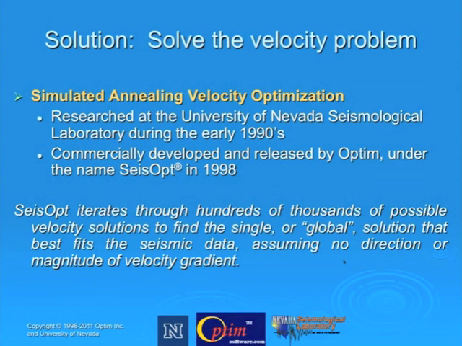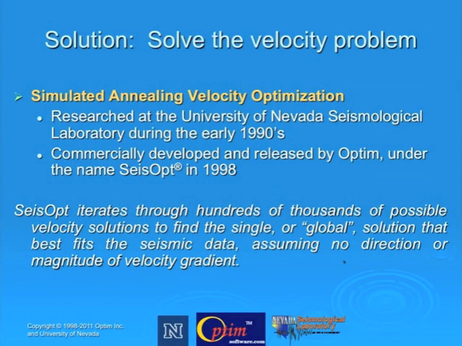So this simulated annealing velocity optimization, commercially known as SeisOpt 2D, was the result of research in the Seismolab here in the early 90s, particularly Satish's thesis. And then in 1998, after some development work, Optim was able to release it commercially under the name SeisOpt, which they registered as a trademark.